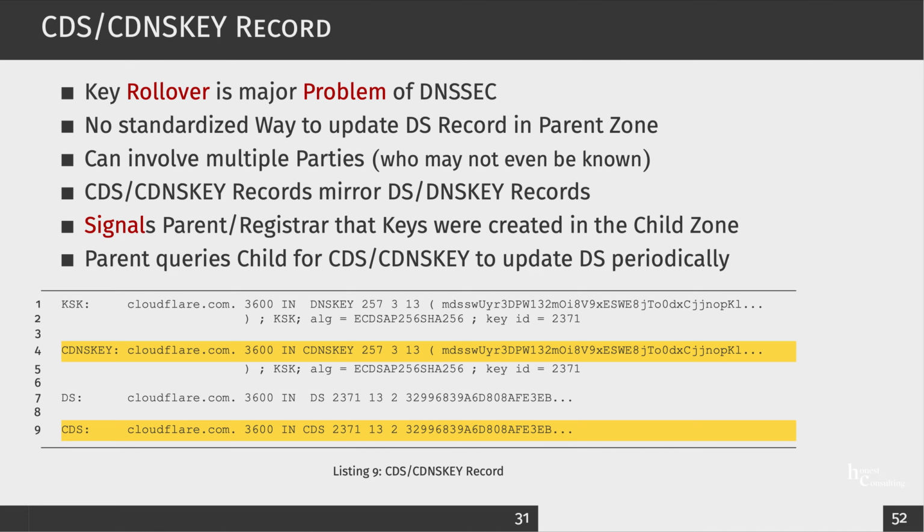And if we take a look at line number 7, there is the actual delegation signer within the child zone. And in addition to this, there is a CDS key, which is exactly the same. So these are the two things that are the indication for the parent to update the delegation signers periodically.